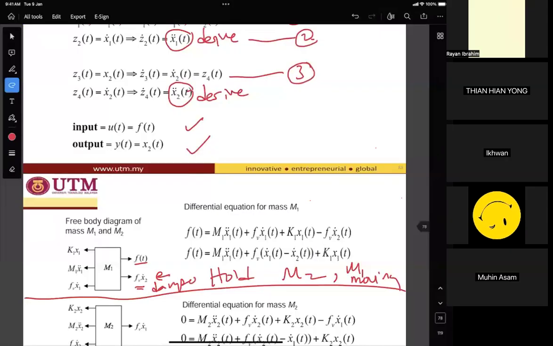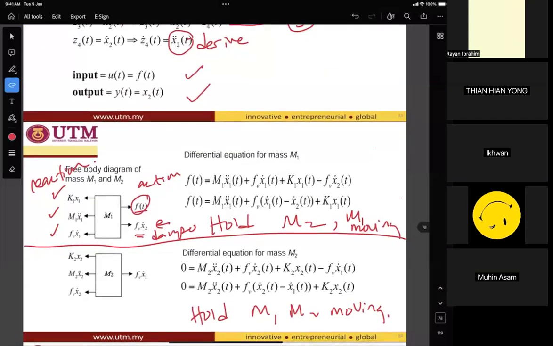And as usual, the spring, mass and damper are the reaction to the force given to M1. F(t) is the action, and K1, M1, and Fv are the reaction.